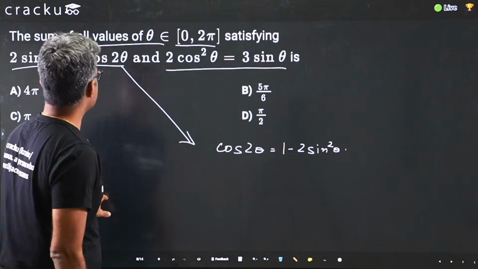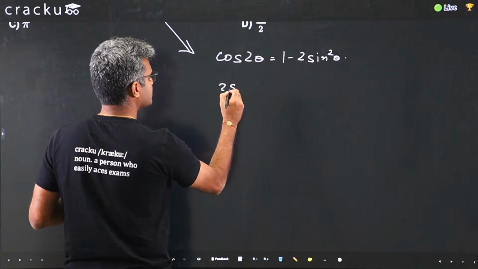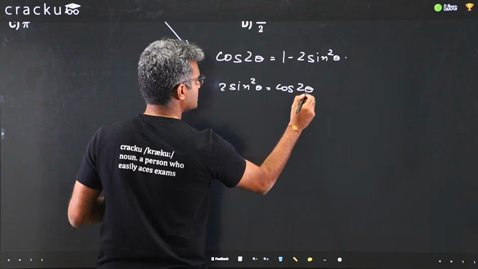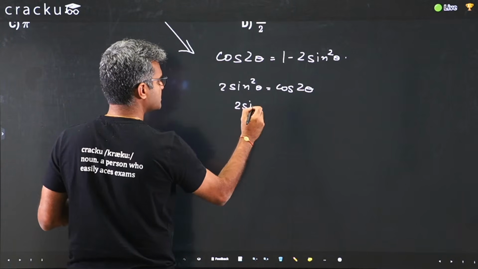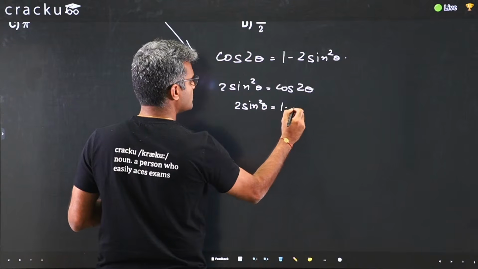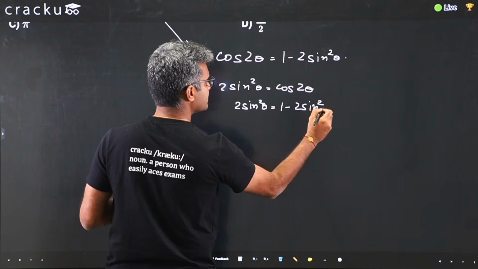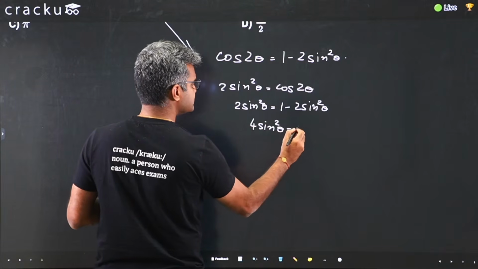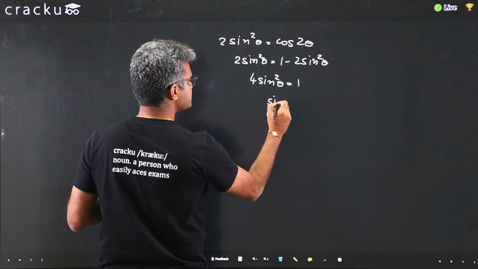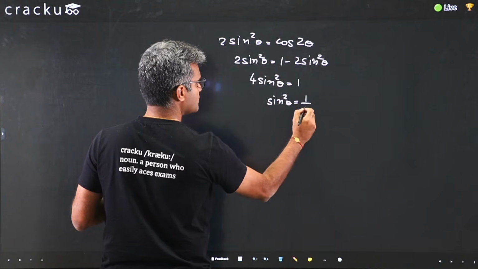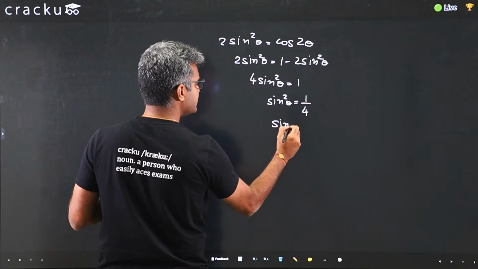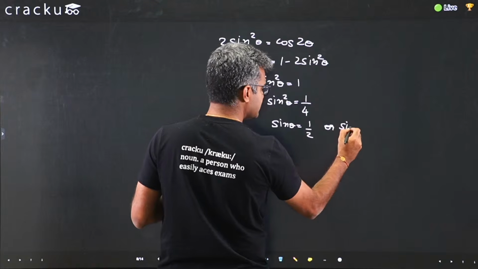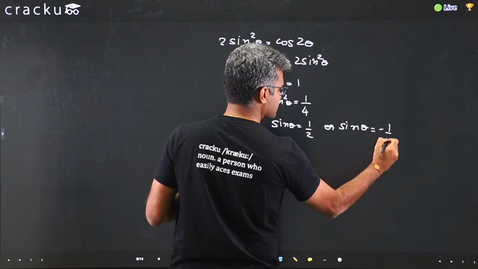So the given equation which says that 2 sin square theta is equal to cos 2 theta would simply imply that 2 sin square theta is equal to 1 minus 2 sin square theta, or the value of 4 sin square theta is equal to 1, or sin square theta is equal to 1 by 4. So sin theta is either 1 by 2 or sin theta is minus 1 by 2.